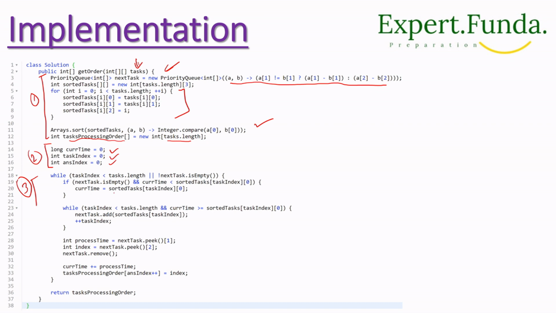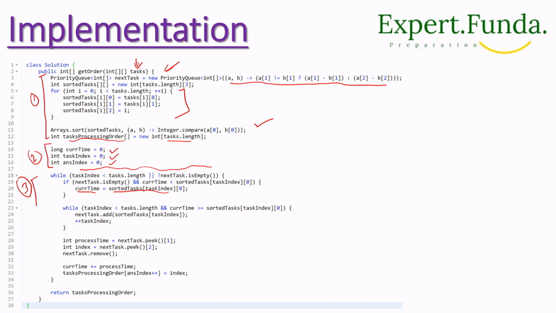So first we are checking here if that is empty. If this is empty, then we will check if current time is less than sorted task, right? If that is the case, we will update the current time. If current time is less than the sorted task at index 0, then we will update this one, right?